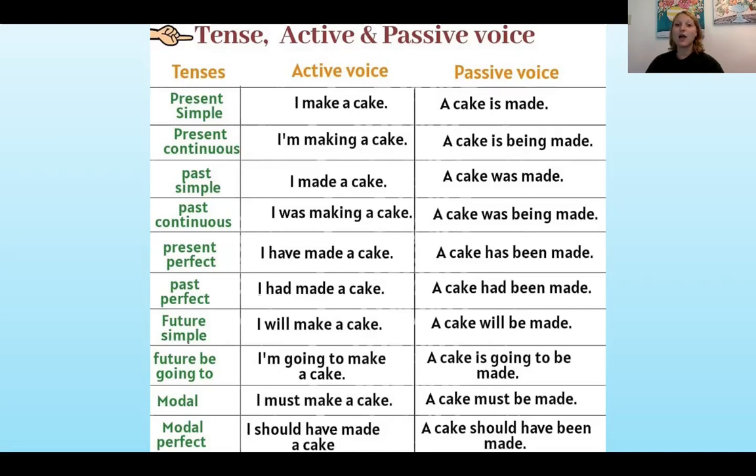All right, so as we continue down these examples, I want to see if there are any differences in the tenses from active voice to passive voice that isn't just about the subject and the object. So let's go down to the next row, which goes across, and see present continuous: I'm making a cake.